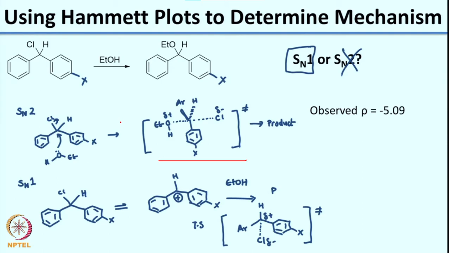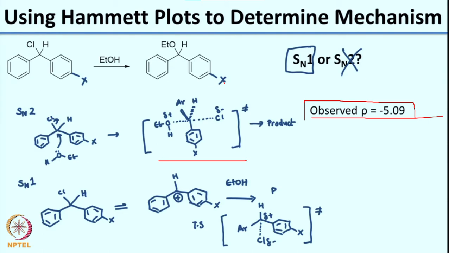In both cases, if an electron releasing or electron withdrawing group is present on this phenyl ring, benzene ring, will it affect the mechanism or not? Here the rho value is already given, which is minus 5.09. We will check whether it is stabilized or not.